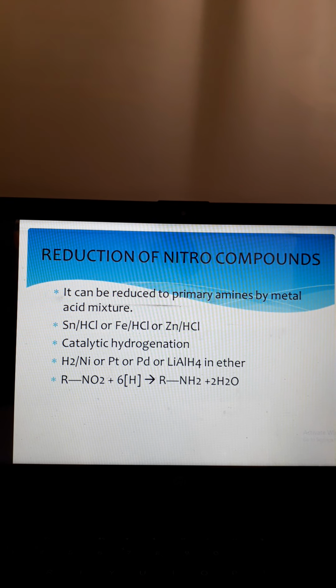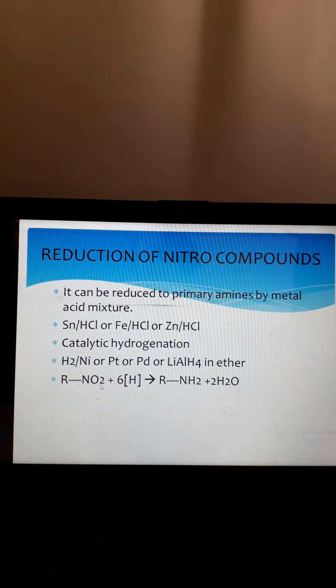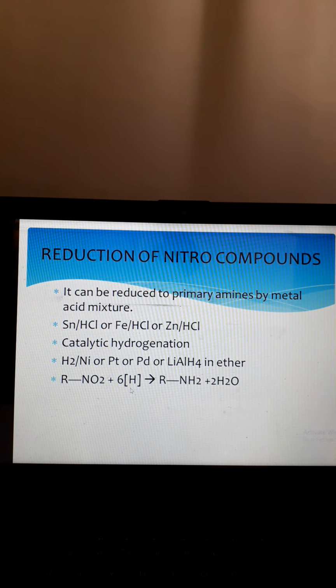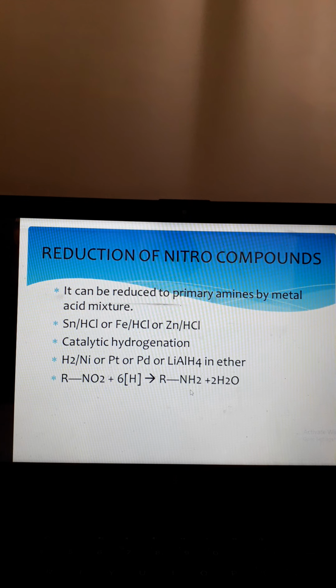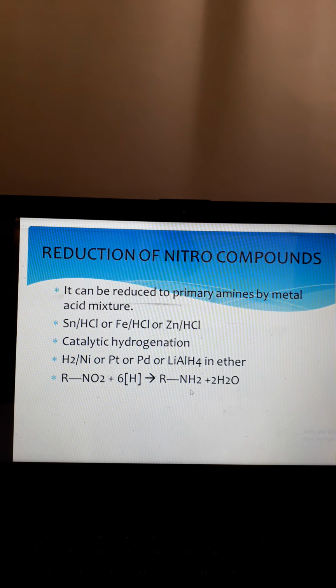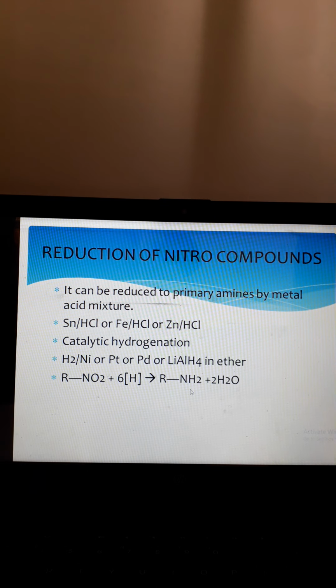So here the nitro compound, RNO2, undergoes reduction, therefore it is reacting with hydrogen, and in this nitro group the oxygen is removed, and instead of 2 oxygens, 2 hydrogens are attached, and here we get the primary amine. So this was how the reduction of nitro compounds takes place, and after the reduction of nitro compounds we get the primary amine.